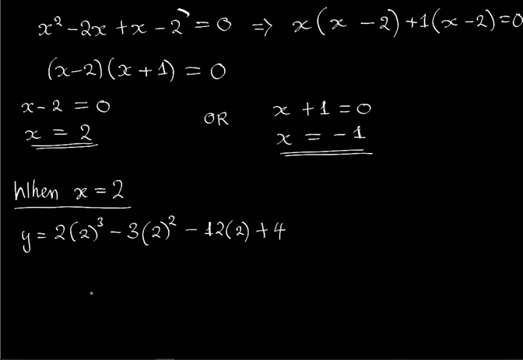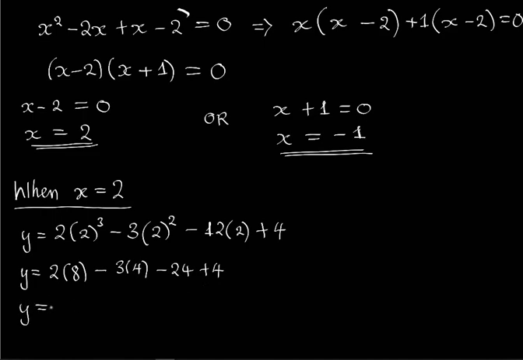And then we simplify this. y is equal to 2 multiplied by 8 minus 3 multiplied by 4 minus 24 plus 4.